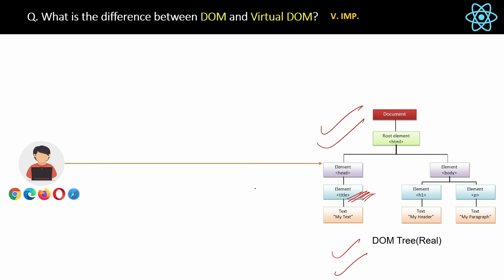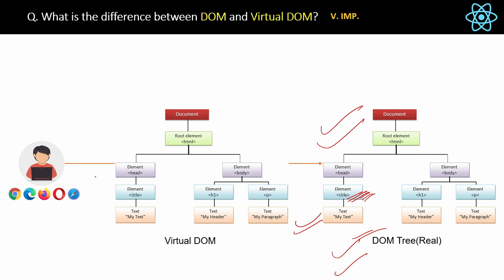That time consumption will increase the load time of the web page, and that is the problem. So that's why React brought the concept of a virtual DOM. Now if you use React for your UI application, then when a user hits your React UI application, the React libraries in the background will create an exact copy of this real DOM tree and put it in front of the user. From outside it looks like the user is interacting with the real DOM, but actually the user is interacting with the virtual DOM, which is the exact copy of the real DOM.